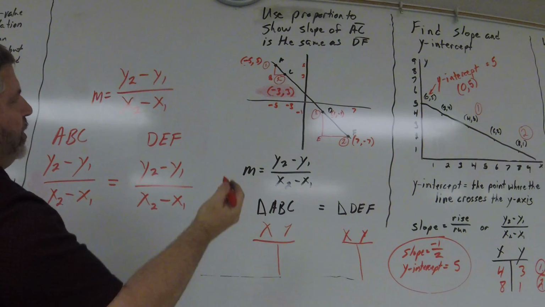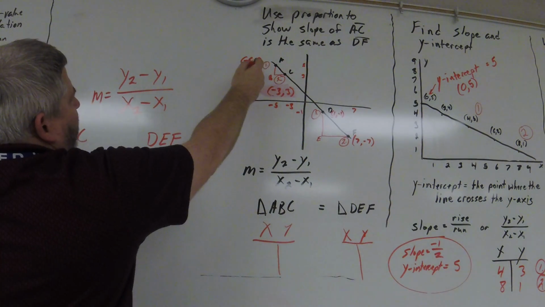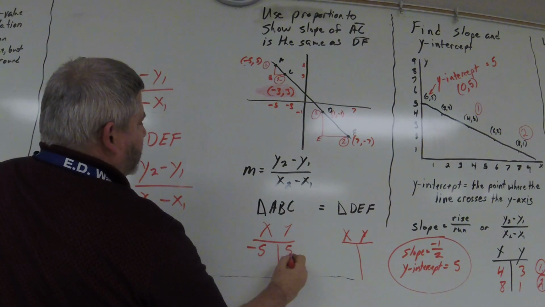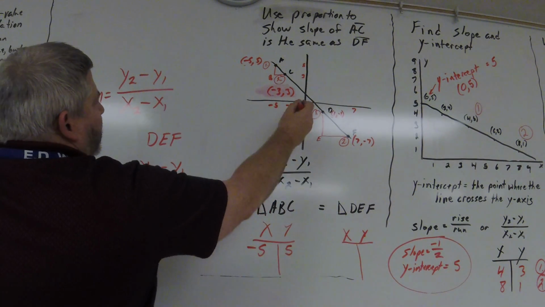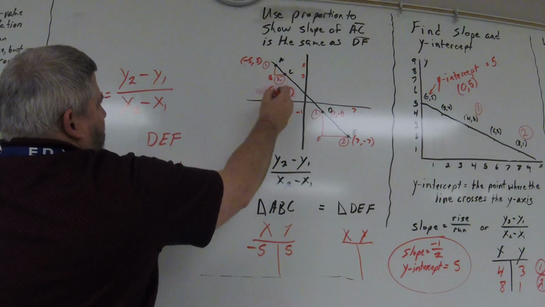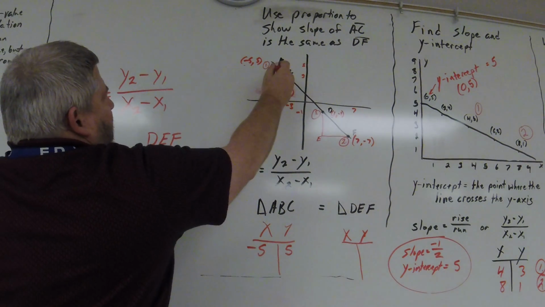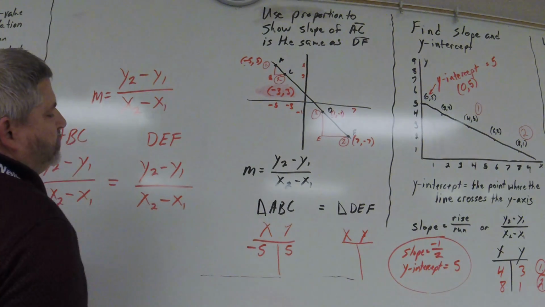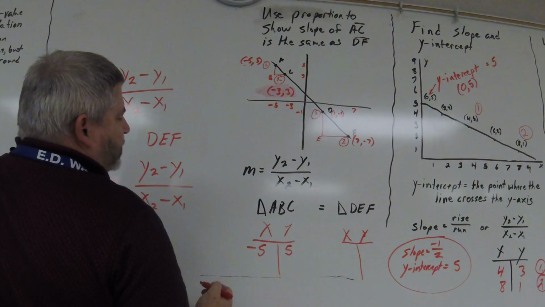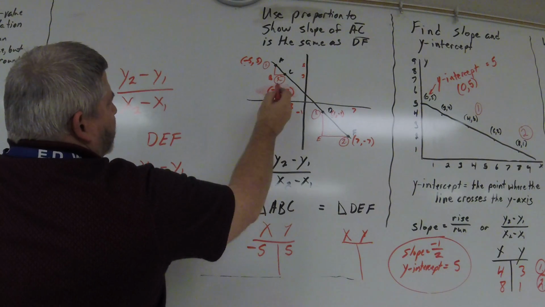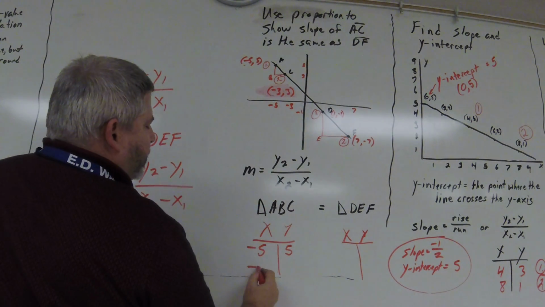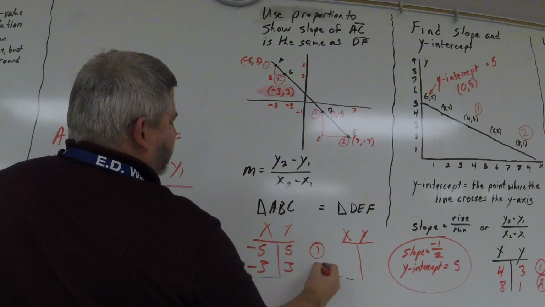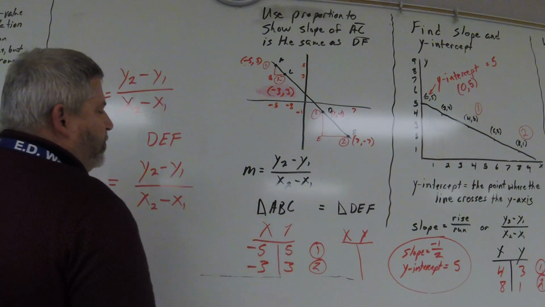It's just the way we read. So point 1, the coordinates are -5, 5, because the X value that point 1 is over is -5, and the Y value it's across from is +5. All right, so -5, comma 5, and then point 2 is -3, comma 3. So there's point 1, there's point 2.